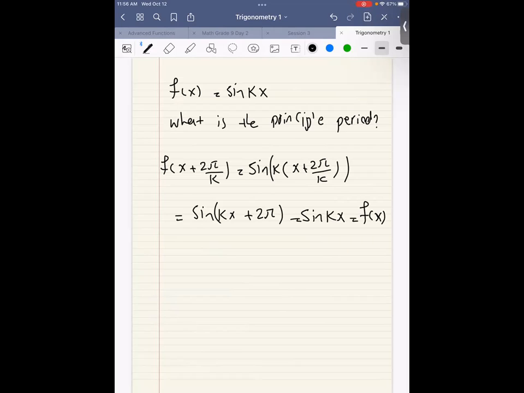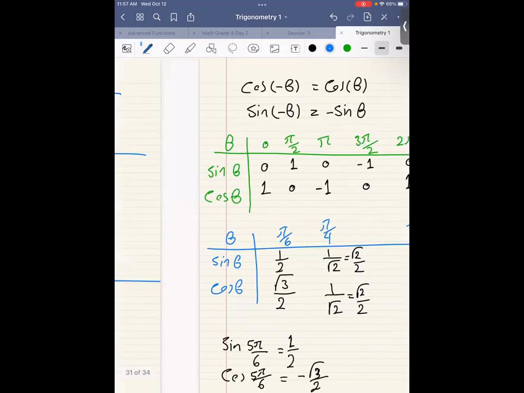So the principal period is 2 pi over k. For example, if f of x equal to sine of 6 times x, the period would be 2 pi over 6, which is equal to pi over 3.